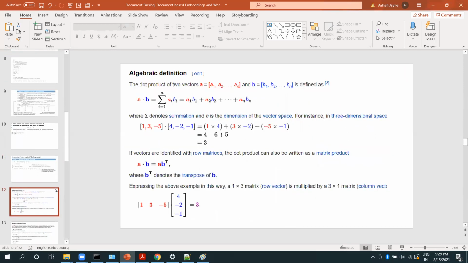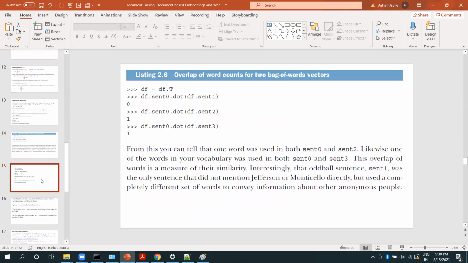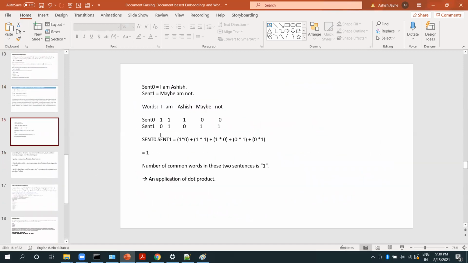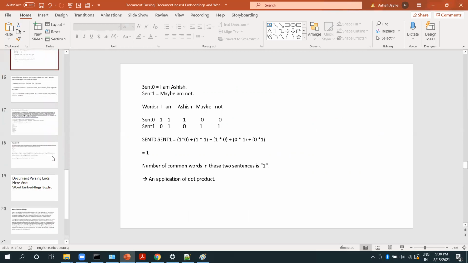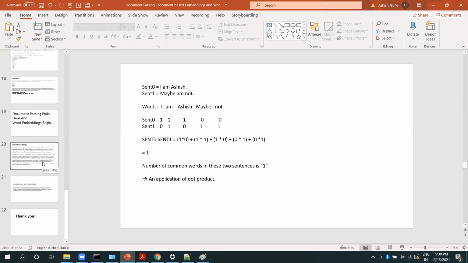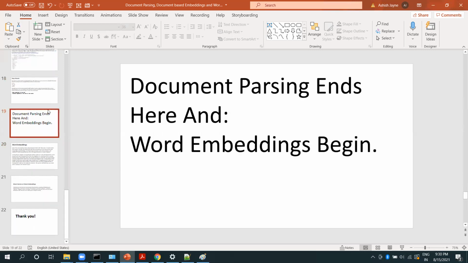This is a bit confusing, because basically it is the representation of the document and not the words. But when we do something like this, we are essentially converting our corpus, our input, into numbers that are understandable. And we have the concept of local word embeddings and global word embeddings.